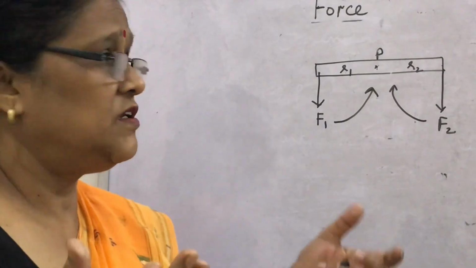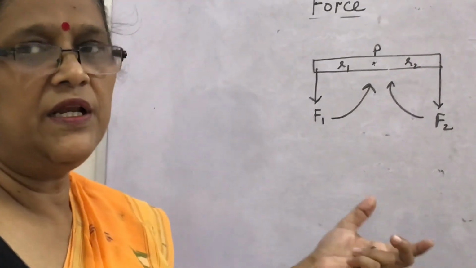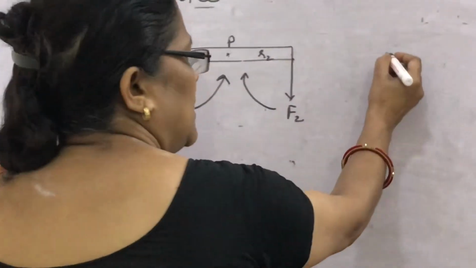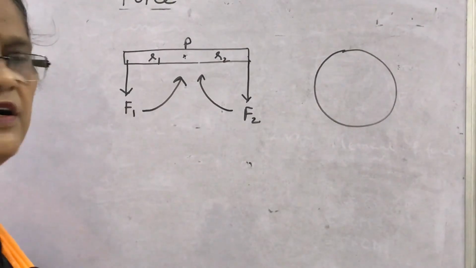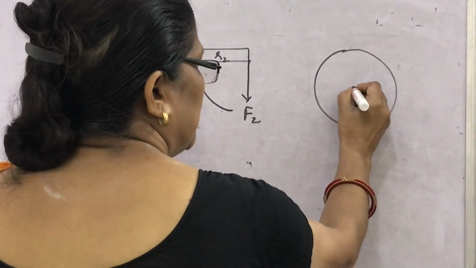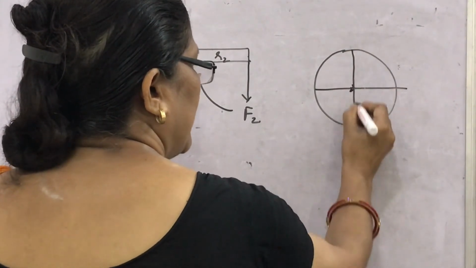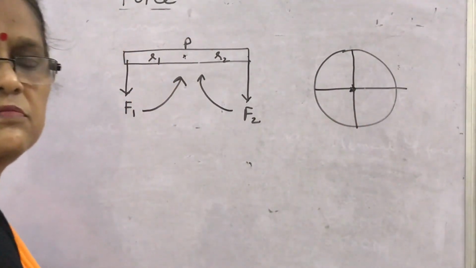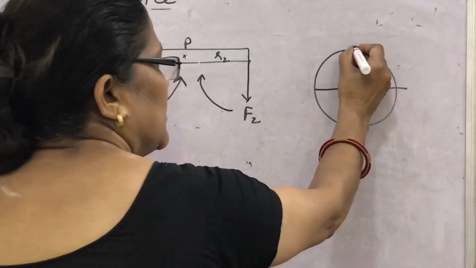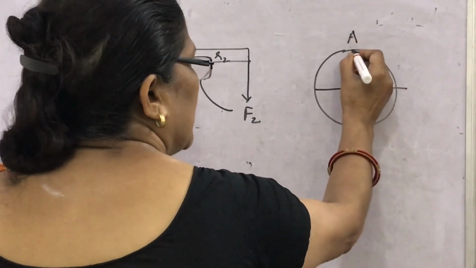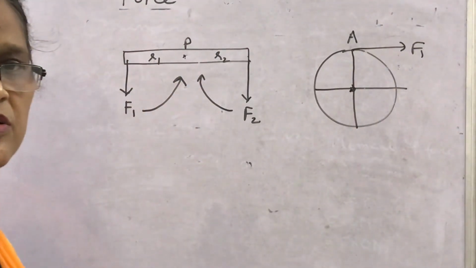We have seen the effect of force, now how it is used in numericals. Look, I am taking a conceptual numerical about this wheel, and this is the pivot point of the wheel at the center, from where the axle is passing. At this point, suppose its name is A, the force F1 is applied in this direction.